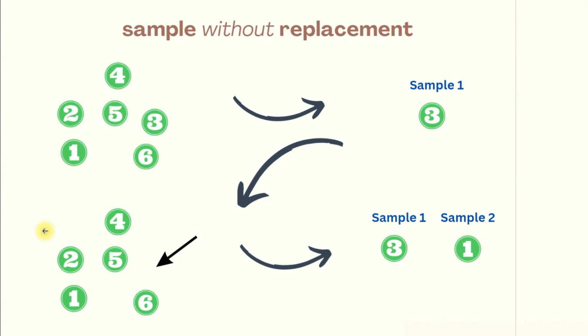Now I am going to select the second number from the population, but this time I will not have number 3 as a part of the population, because I am not going to replace number 3 back into the jar, right? So I will get any number from 1 to 6 except 3 as my second sample. And that's what I got. For example, I got number 1.